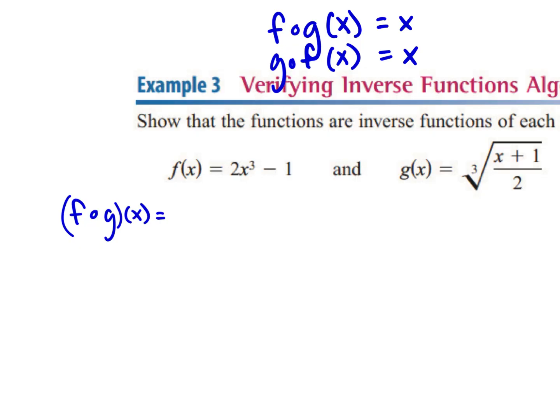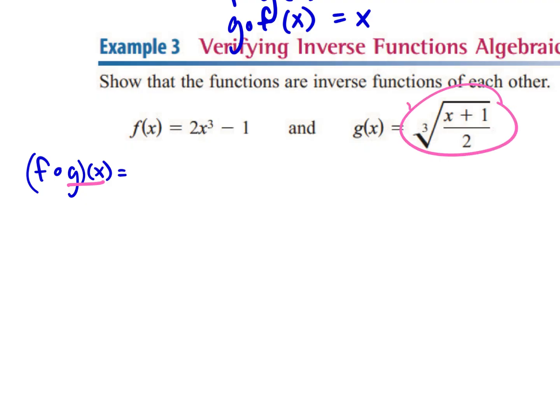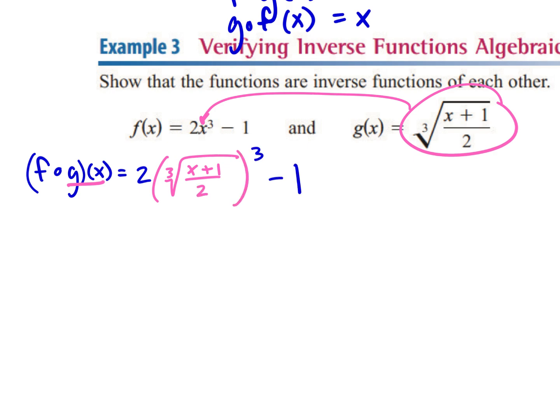So what's going to go on the inside here? G of x. So g is going to go inside the x in my f of x function. So we have 2 times the cubed root of x plus 1 over 2 cubed minus 1.